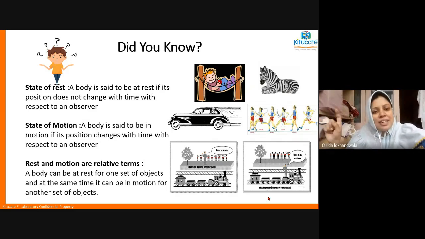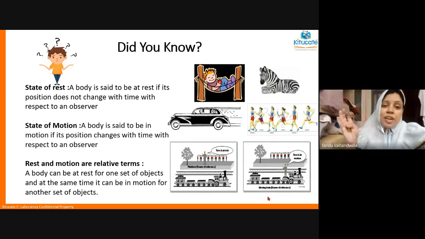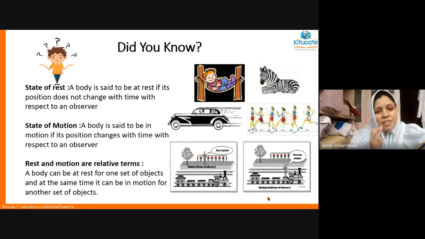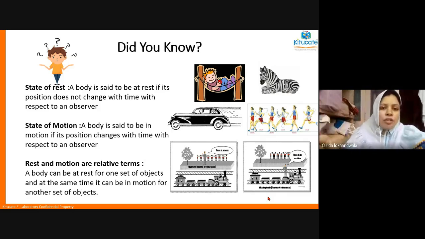So you will say that he is in a state of rest. Now your train starts to move. So what will happen? You will say that man has come in a state of motion.